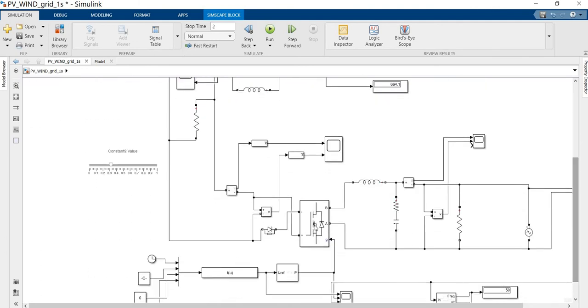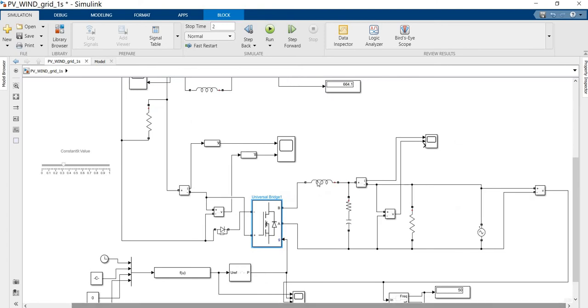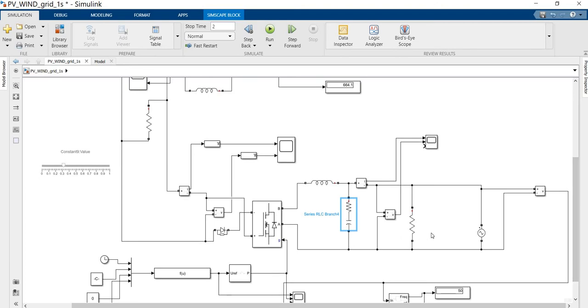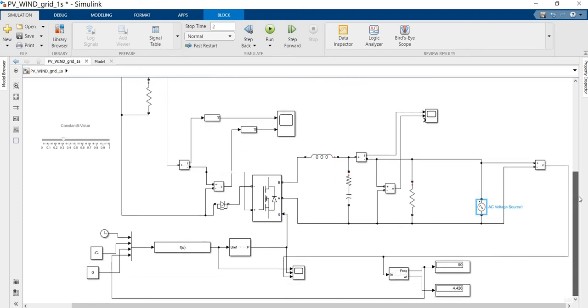This DC is connected to the universal MOSFET-based inverter. The output of the inverter is connected to another LC filter, which is integrated into the grid. So we are necessary to do the integration with the grid.